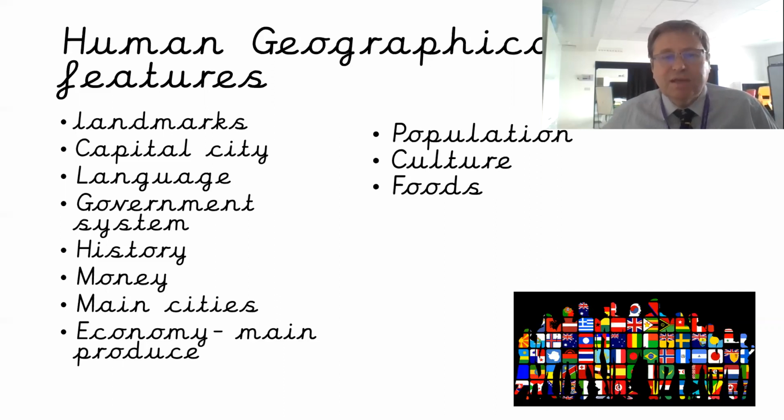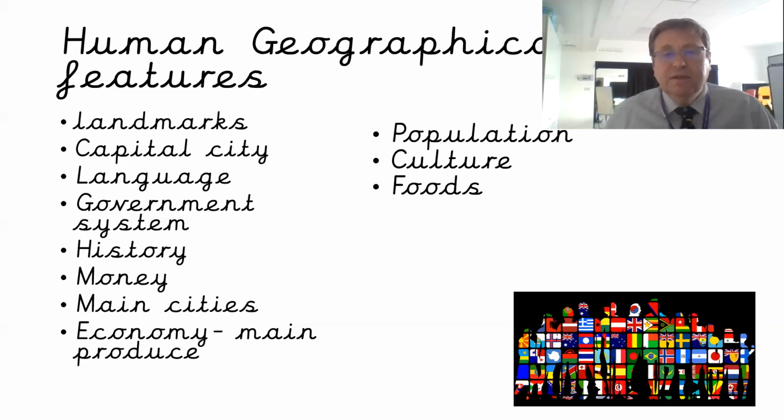I think you'll find it's very mixed. You can look at the population. France is a very diverse country. Like most European countries, at the present time, it has a very diverse population and a very distinctive culture, and we've already looked at the fantastic foods. So when we're looking at human geography, we're looking at these human factors about how people live in their country or in their landscape.